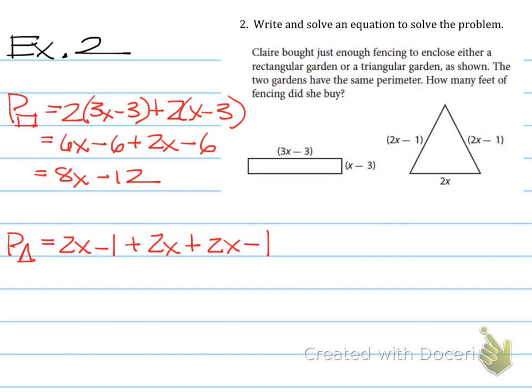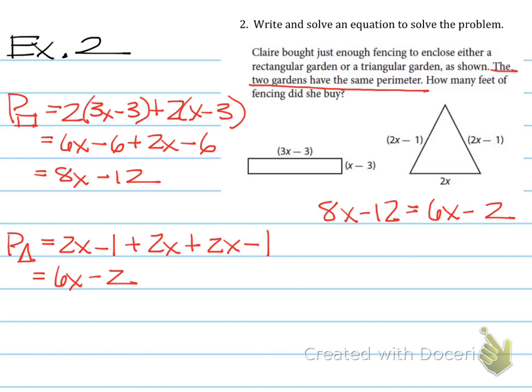Again, to find the perimeter, we just add up all the sides. So 2x minus 1 plus 2x, the bottom side, plus the right side, which is 2x minus 1. All right, so we're going to combine the like terms. We get 6x, 2x plus 2x plus 2x is 6x. Negative 1 plus negative 1 is negative 2.